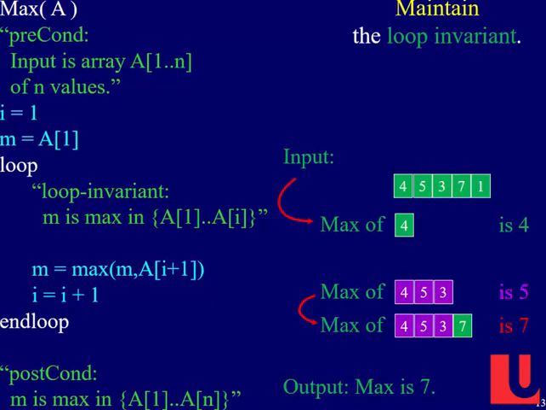Well, clearly we've got to look at the i plus first next, right? So that's why we're comparing m to the i plus first guy. And then the progress, where are we making progress? Well, clearly our measure of progress is the number of numbers that we've looked at, and that's i, and so we need to make i one bigger. Right? Everybody good with that?